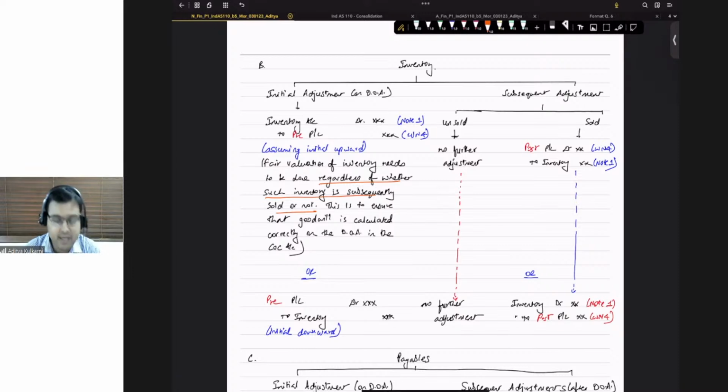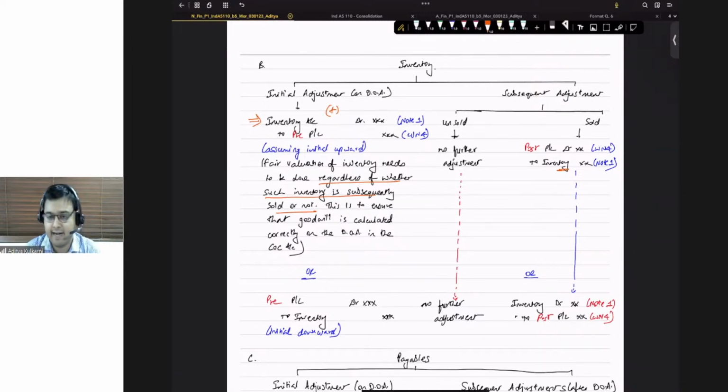Later on, if it is unsold, no further adjustment is needed. But if it is sold, you had debited the inventory. In the consolidation adjustment column, you remember I had done plus 1000. And that is why when I do the adjustment on sale, I cannot have this impact anymore. Right?